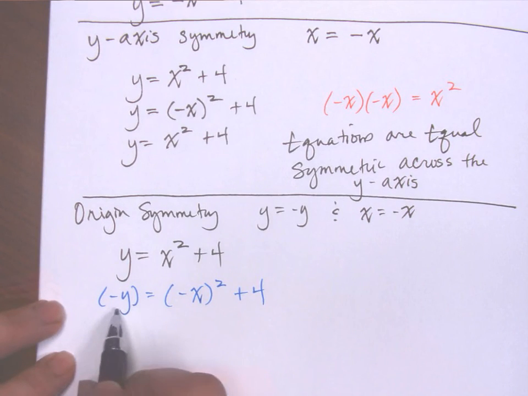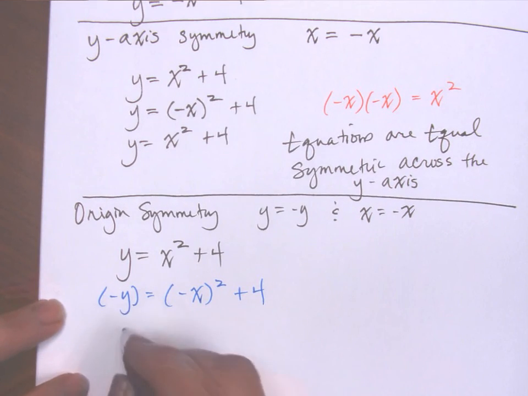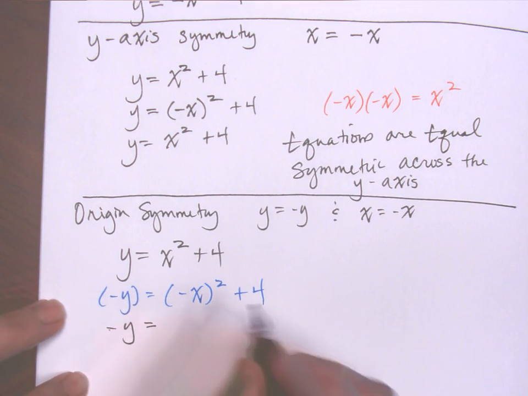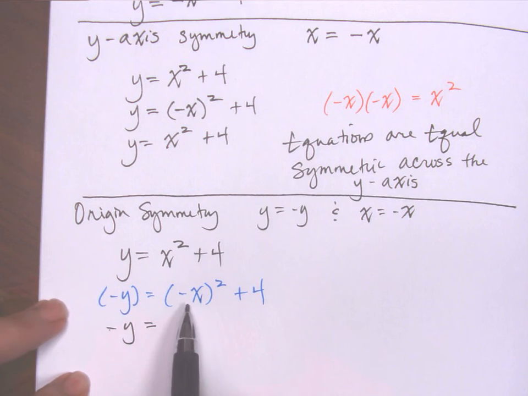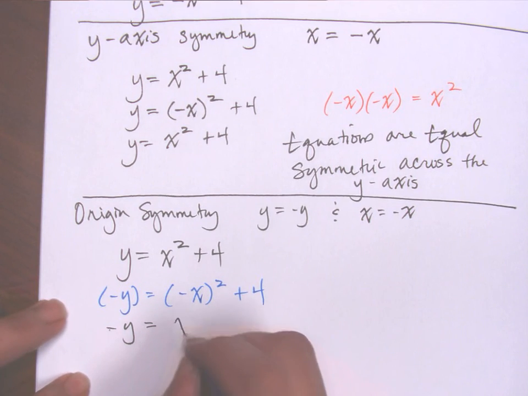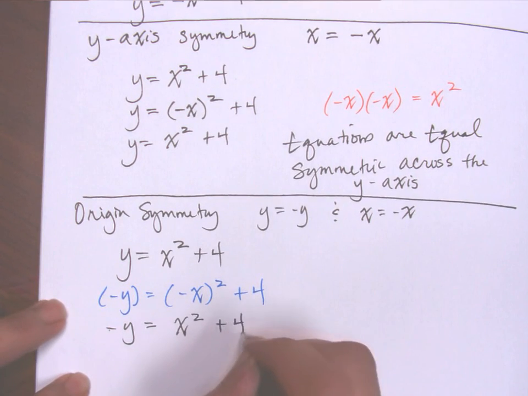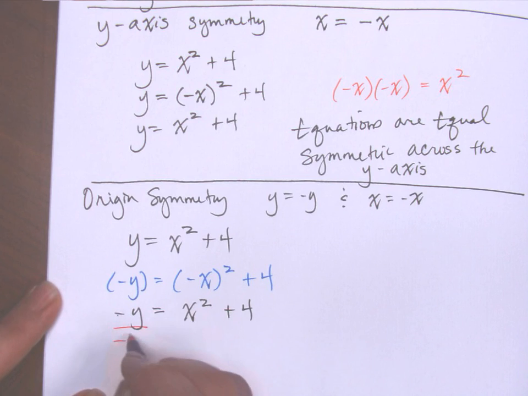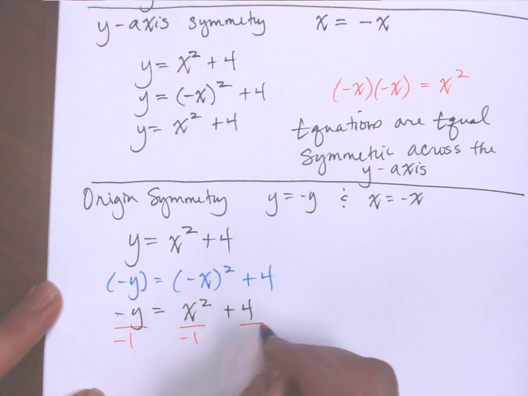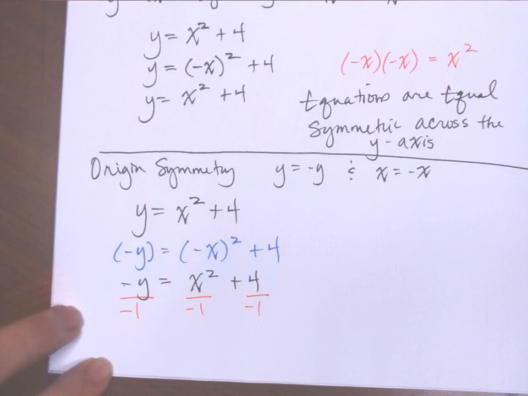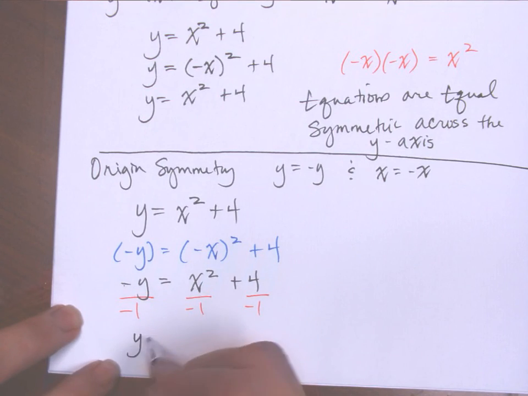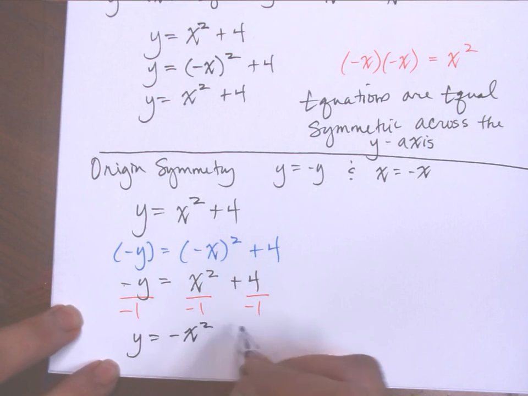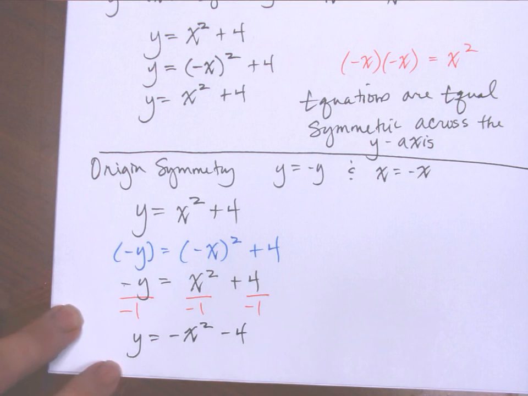Again, I don't need these parentheses around my negative y, so I have negative y equals, we already know that negative x squared is positive x squared plus 4. And one more time, I don't want this negative right here. I can divide it out using negative 1. So I am left with y equals negative x squared minus 4.